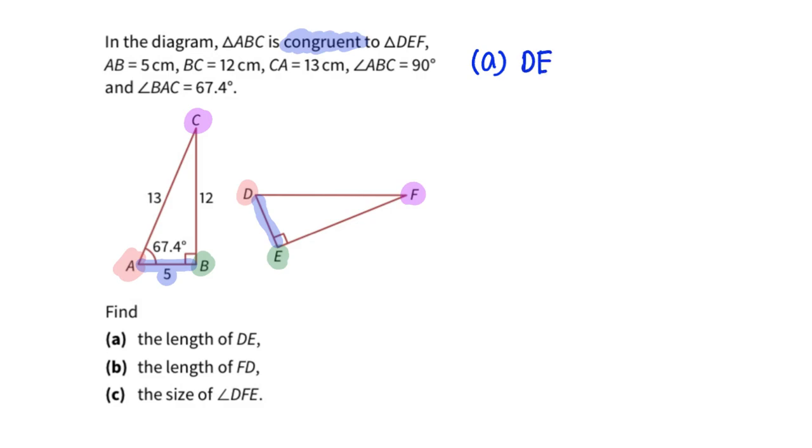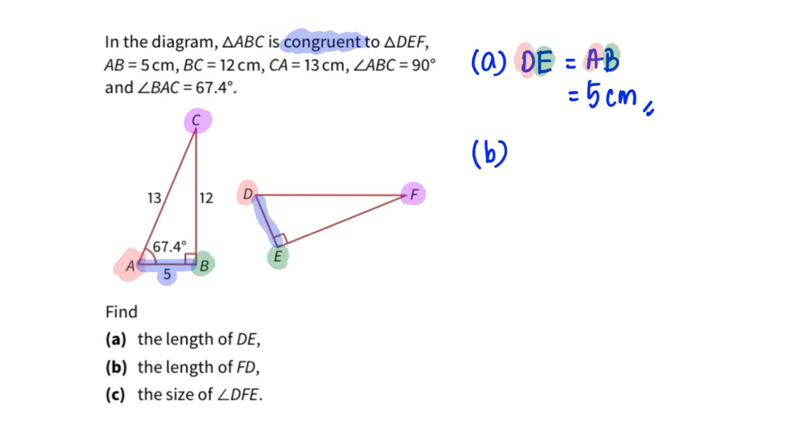So DE is simply equal to AB, 5 cm. Done. Okay, do make sure that the points are matching and written in the same order.